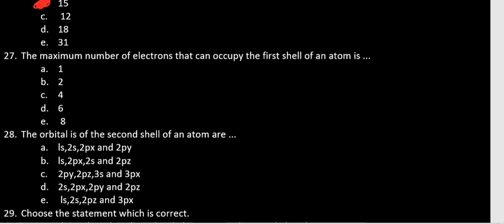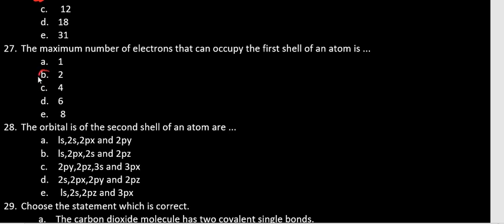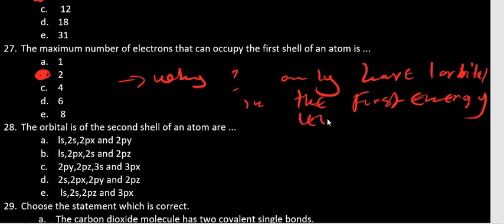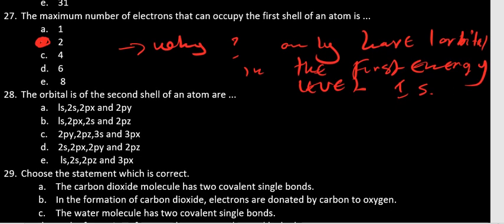The maximum number of electrons that can occupy the first shell, I talked about this. It is just 2. Why? Because we only have one orbital in the first shell, the first energy level, which is the 1s. The next one: the orbitals of the second shell of an atom.